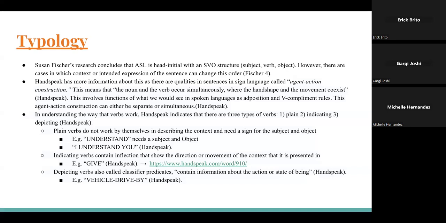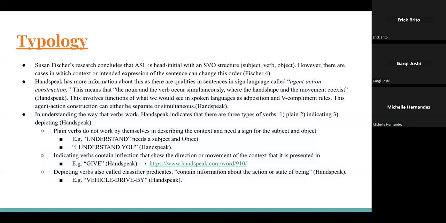Just to understand a little bit more about how verbs can operate, Hansen Speak indicates that there are three types of verbs. There are plain verbs that require a subject and an object to describe the context. For example, for the word understand, you would need to say, I understand you, or you understand me. Indicating verbs contain the inflection and show the direction of movement of the context that it's presented in.